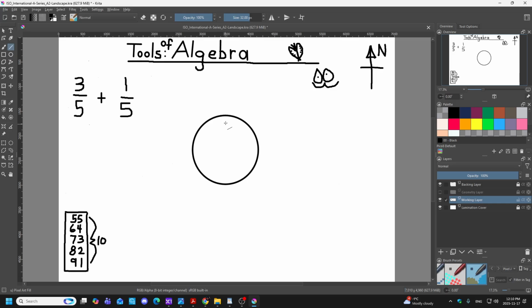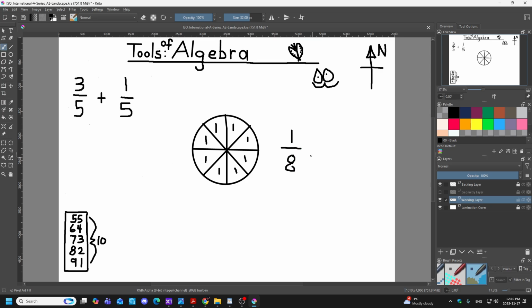So far I've done quarters, now I've turned it into 8s. So now we have 8 pieces. Each piece represents 1/8.